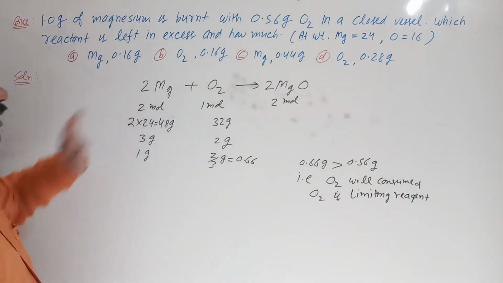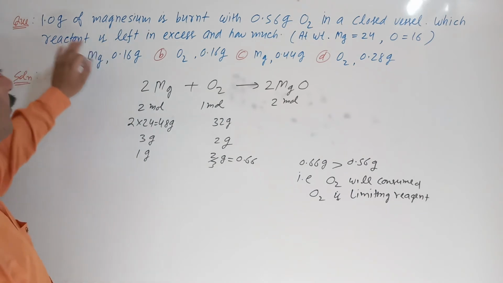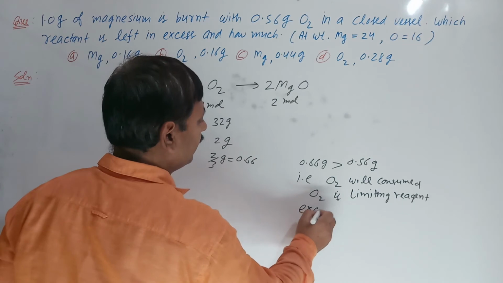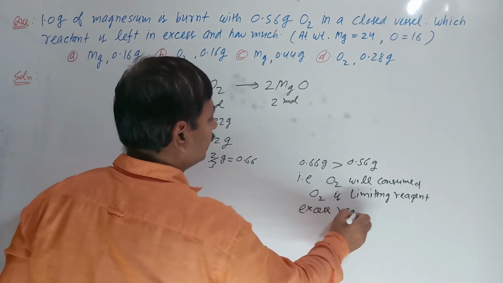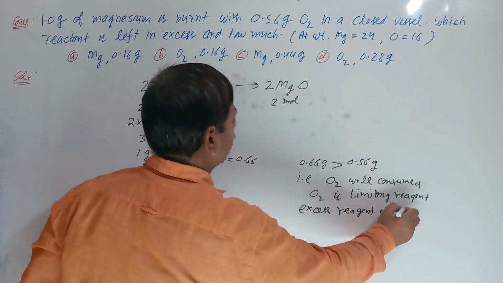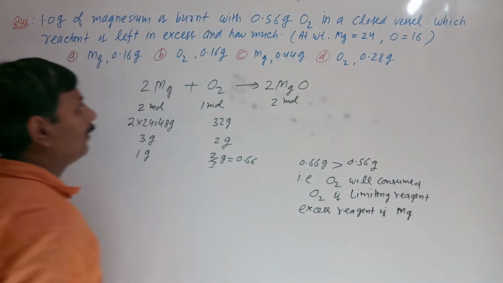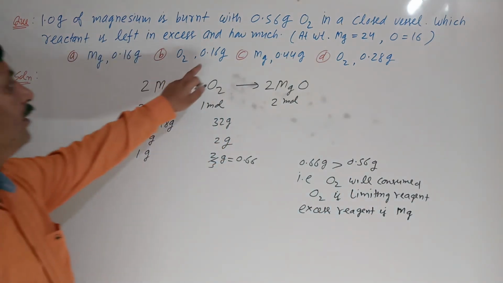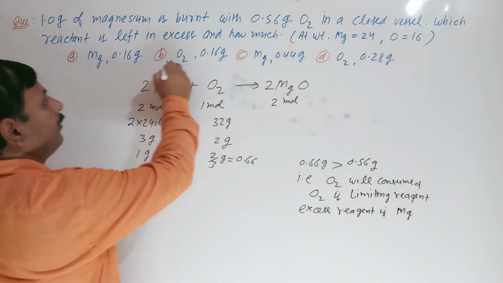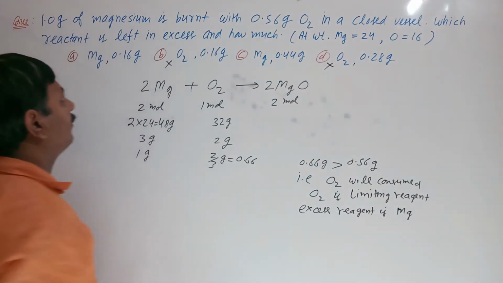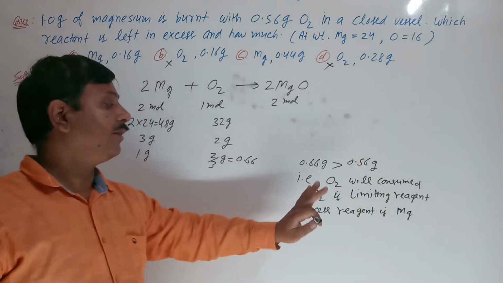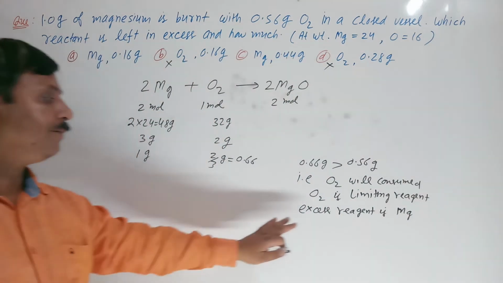The excess means Mg will be. So here the excess reagent is Mg, magnesium. So one thing is clear, these two options B and D will be wrong. Why? Because oxygen is the limiting reagent, and they want the excess reagent.